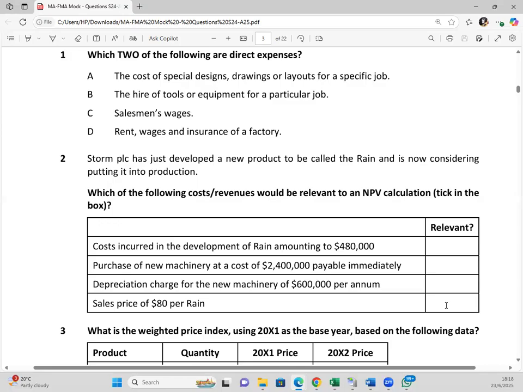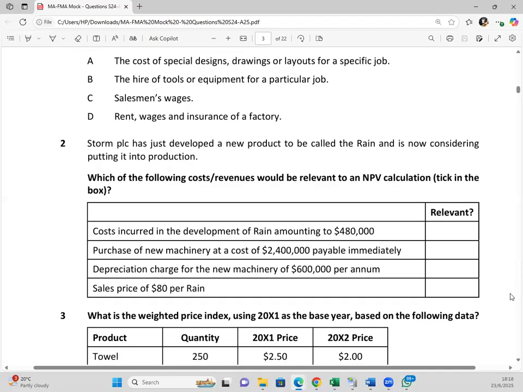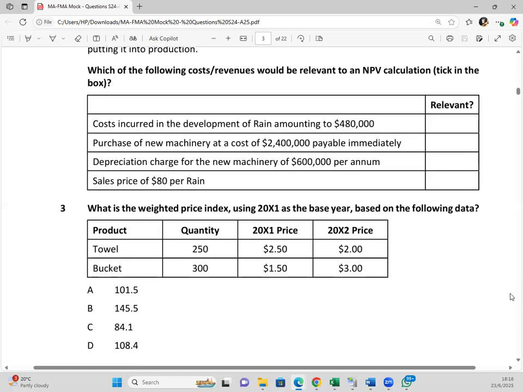You say the revenues you're expecting minus the costs, then you get your expected profit, and you can use it to work out your net present value. So the last one, the sales, are taken into account in decision making. They are relevant.